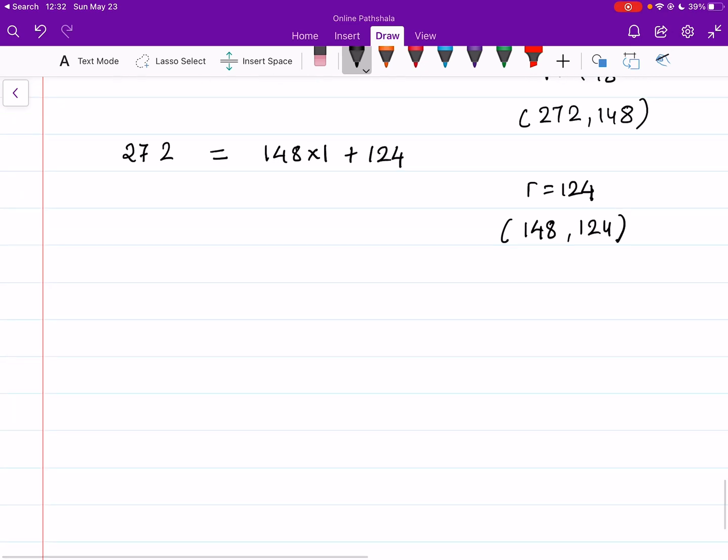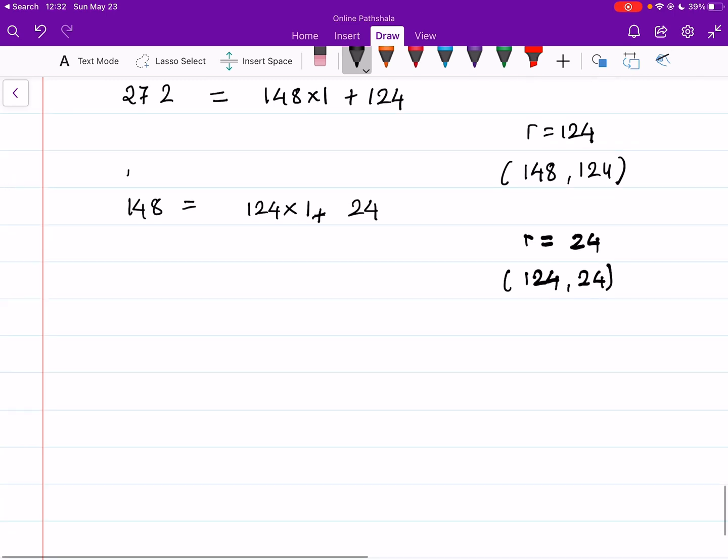Therefore, we can say that 148 equals 124 times 1 plus 24. The remainder R is equal to 24, not equal to 0.